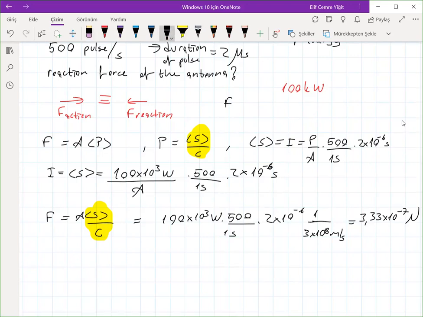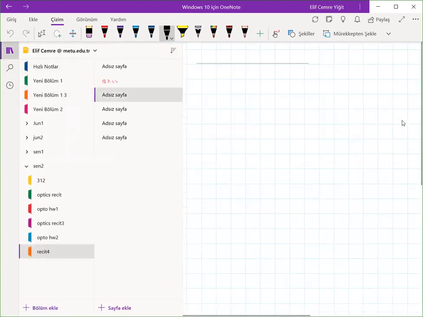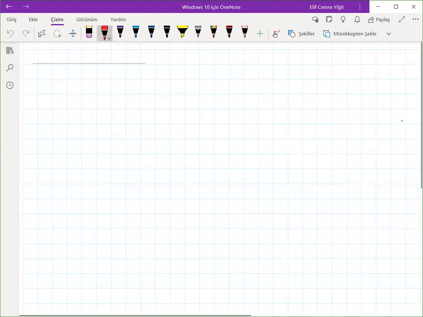As I said, force over area will give the pressure, and I substituted pressure as S over C. I found S, and then again I substituted everything in the force formula, and I substituted the numbers, and I calculated this. Okay, so the other question. Any questions for this one? Okay.